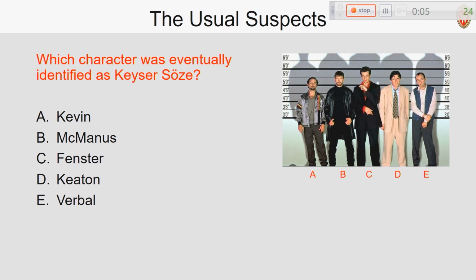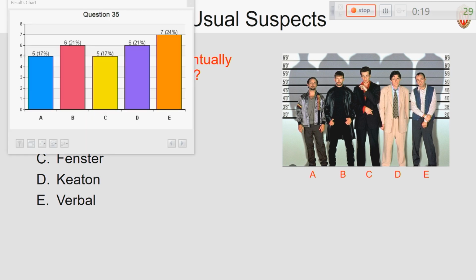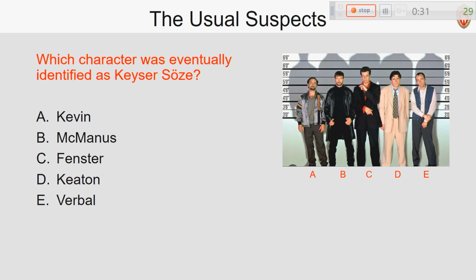This is just testing your knowledge of mid-90s theatrical trivia. I'm assuming that half the people in this room never saw the movie. Quite the mix. But it did indeed turn out to be Verbal. All right, moving on with the show.